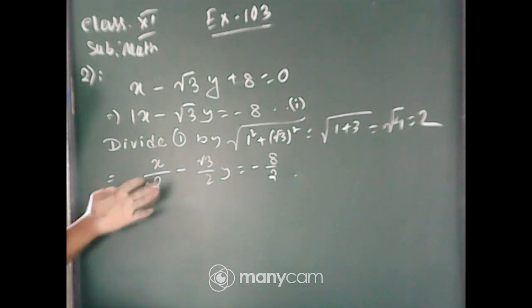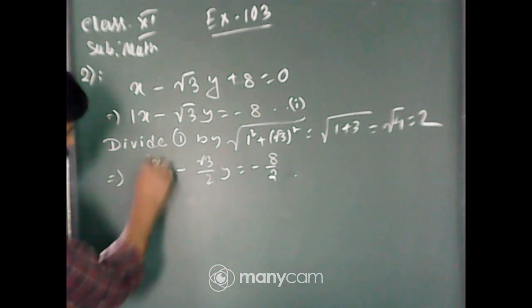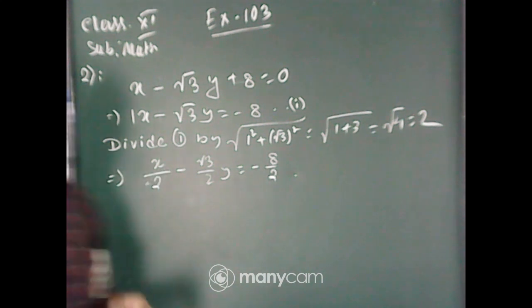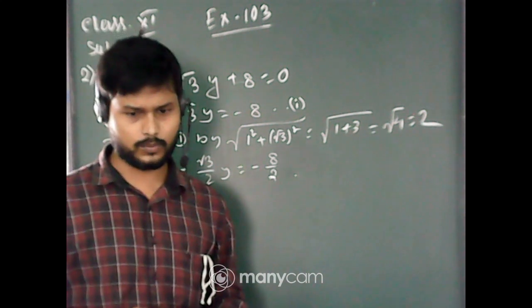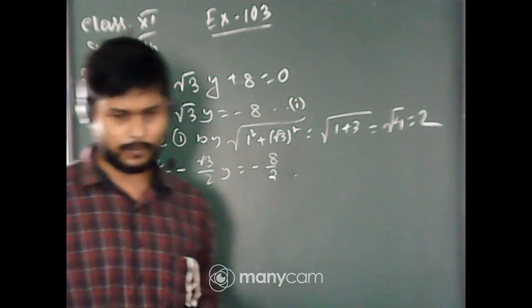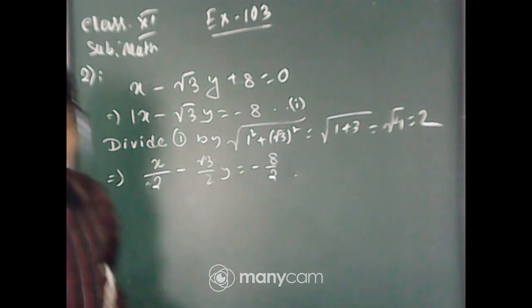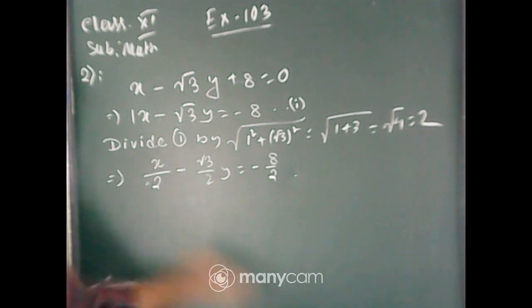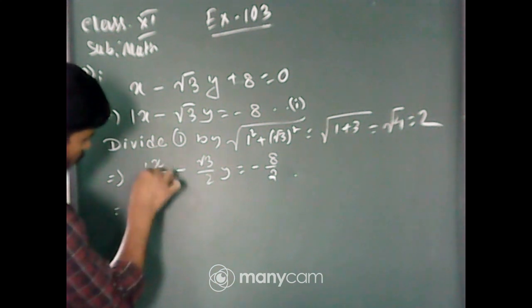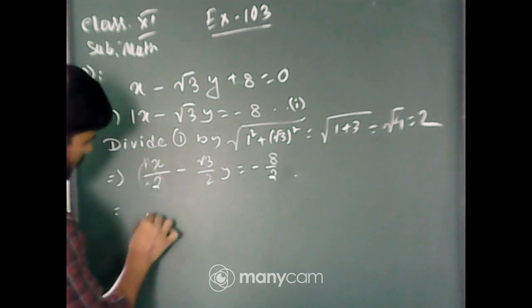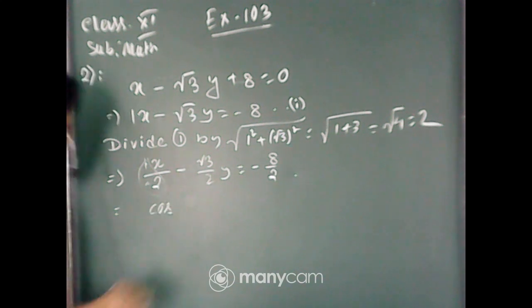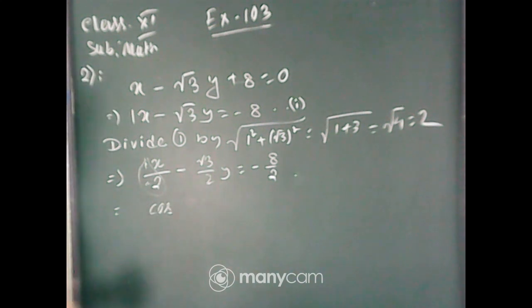Okay, so now tell me what is the value of 1 by 2. Cos of what is equal to 1 by 2? In place of half, we can write cos of what value?